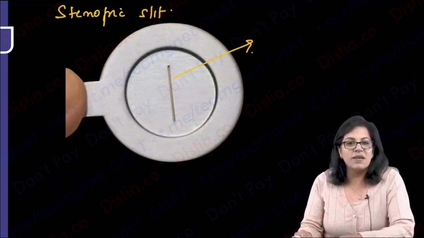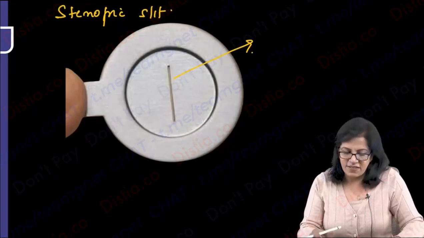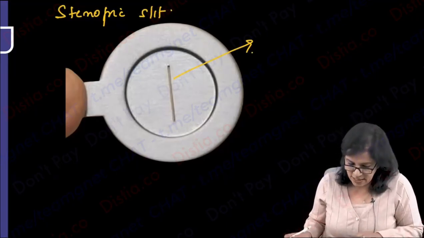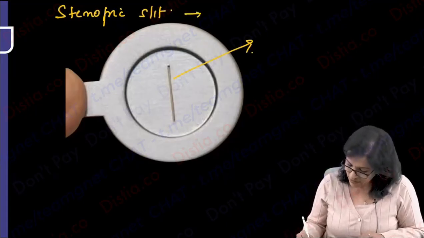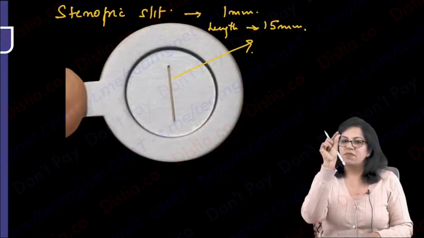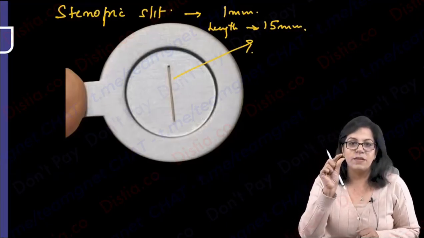Okay. So talking about the stenopaic slit, the first thing they will ask you is, what is the size of the stenopaic slit? Again, you are going to say the width is 1 millimeter and the length will be 15 millimeters. Again, the width you have to mention as 1 millimeter.